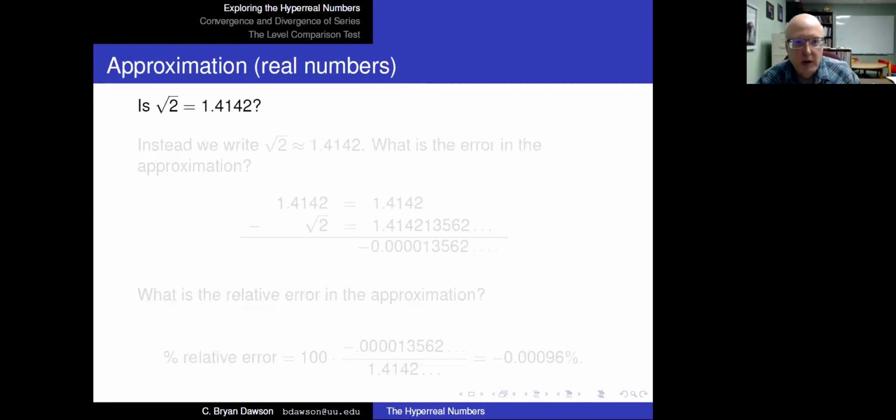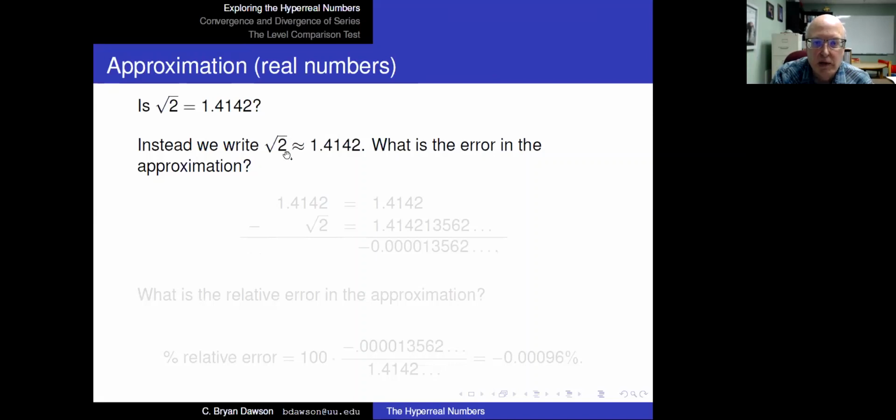All right, so now let's look at approximation. When you look at your calculator and you do square root of 2, you don't write down all the decimal digits of square root of 2 because there's infinitely many. You'll just say, okay, that's 1.4142. Well, they're not exactly equal though, really, right?